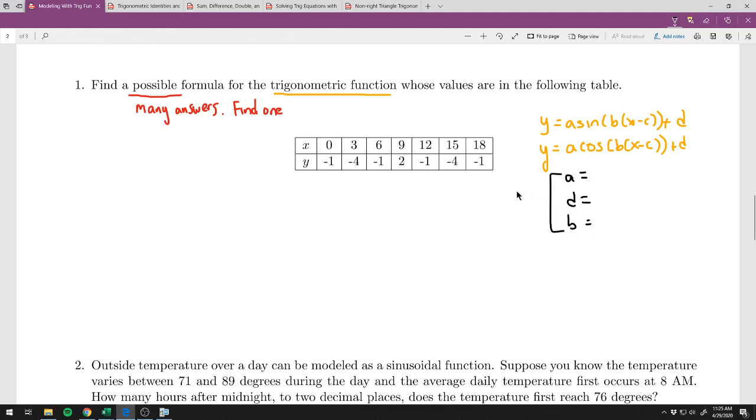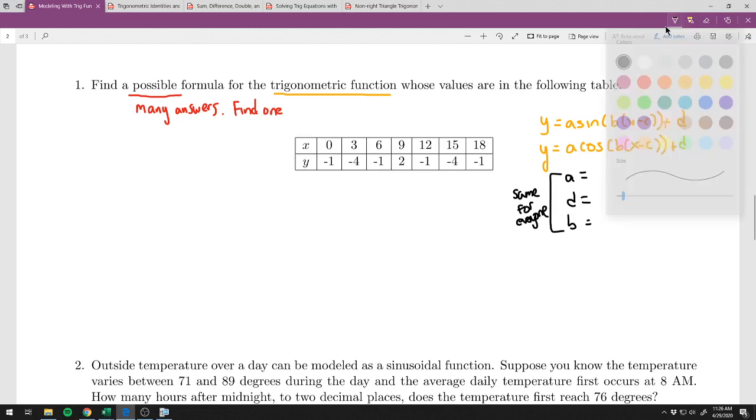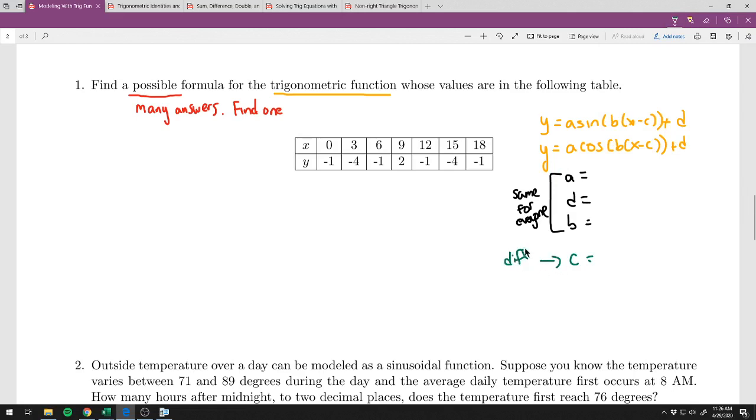And so once again, these are going to be the same for everyone. And then what's going to be different is the c value, the phase shift or the horizontal shift. And this differs depending on which trig function you use. When we plot, we'll see which one we should use and pair it off with the appropriate trig function, but it's totally up to you which one you want to use.